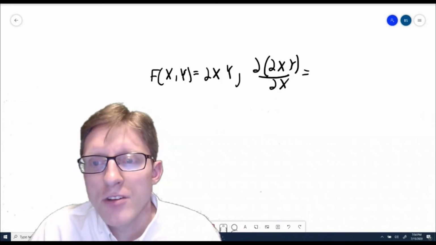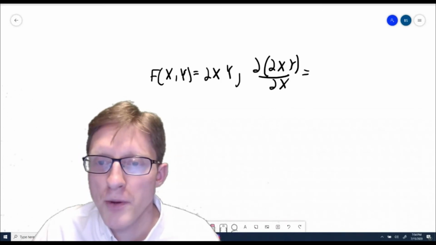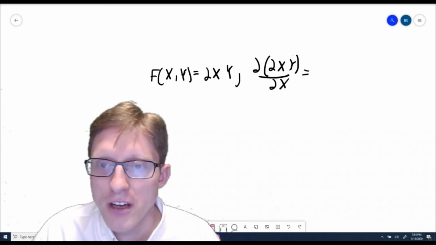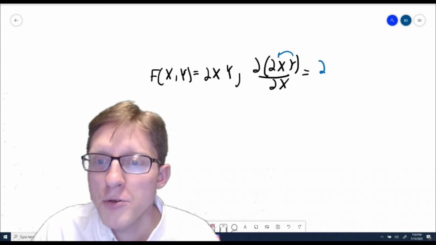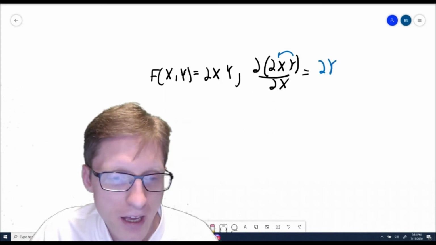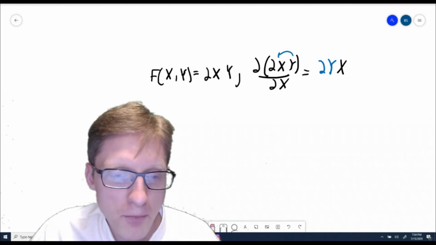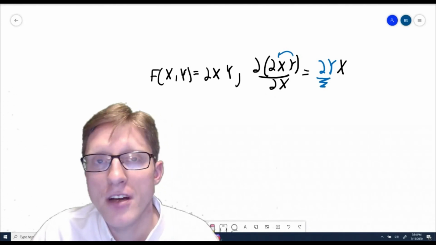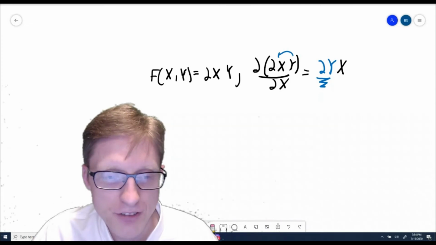Okay, so to help clarify this, let's break this into two parts. Let's break this into the part which is equal to the constant, which is then multiplied by x. So if we rearrange by bringing this y forward, now this 2 times x times y is the same thing as 2 times y times x, where this blue part here is going to be treated as a constant when we're taking the partial derivative with respect to x.